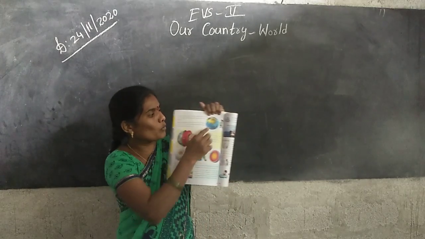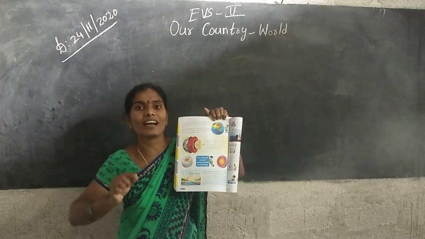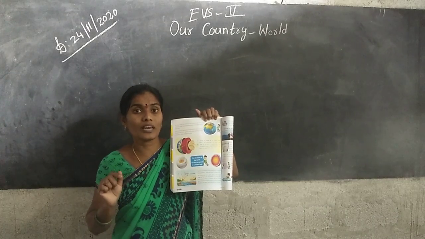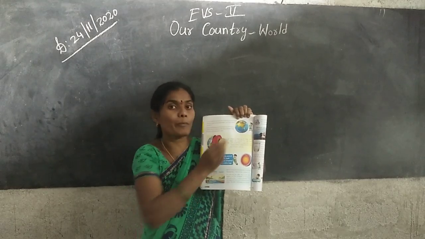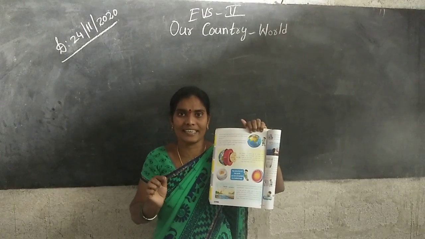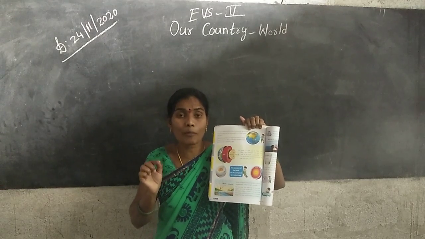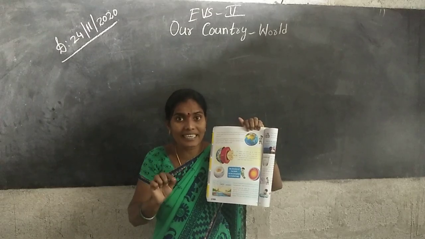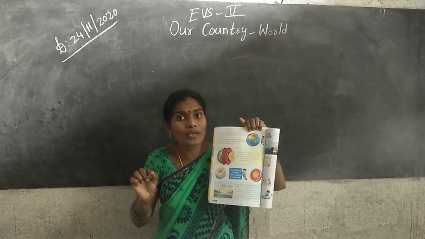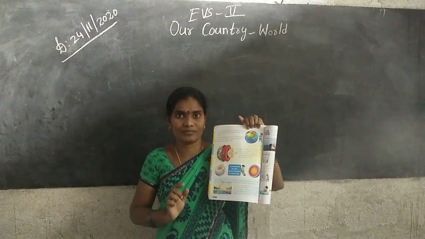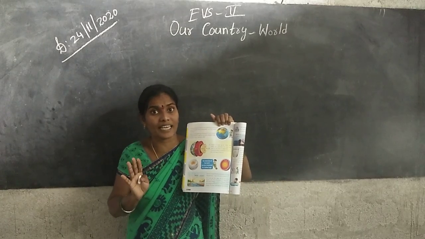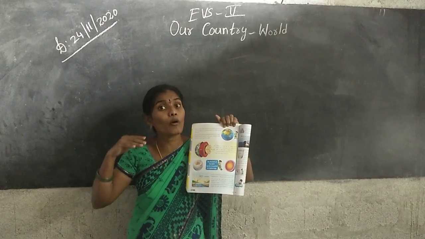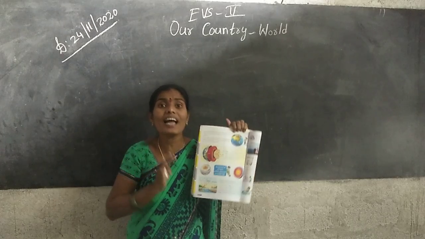The blue color part is the water, and the brown color part is the land. On the earth, three fourths is water, which means water bodies are more than the landforms.